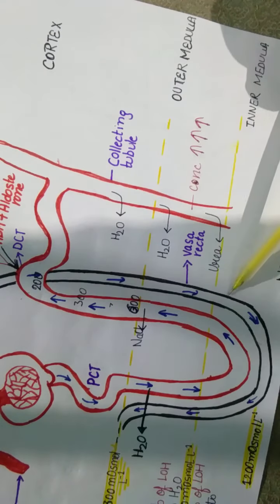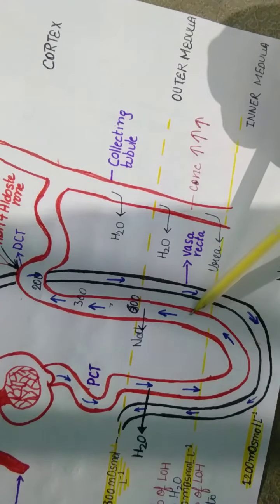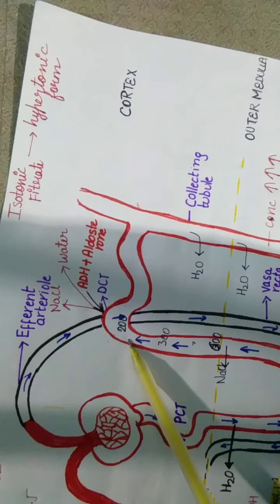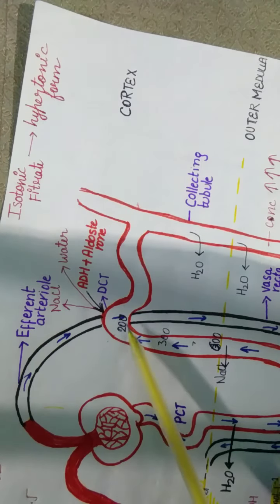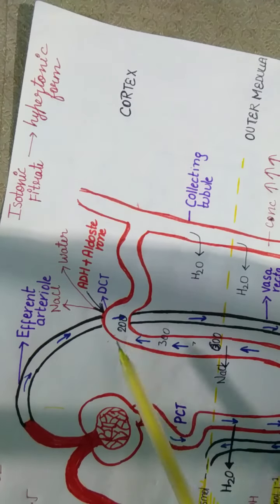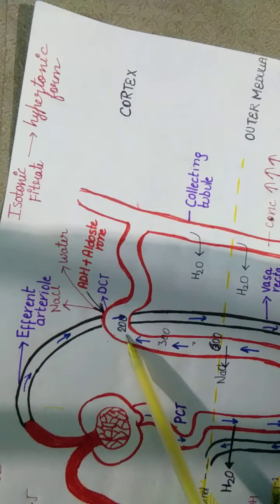As the filtrate moves upward in the ascending limb of the loop of Henle, because of reabsorption of electrolytes, concentration will again decrease. Now due to the deficiency of water in the body at the DCT, two hormones will act, ADH and aldosterone, and reabsorption of water and NaCl takes place.